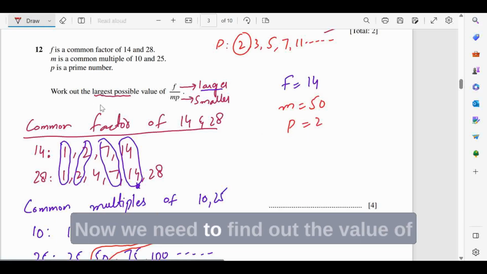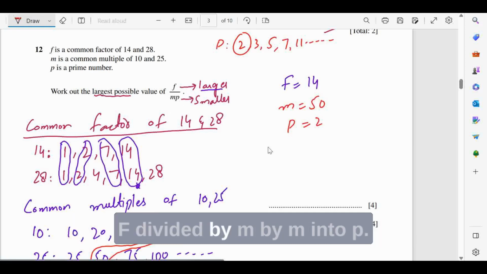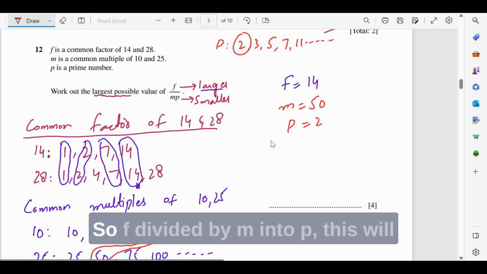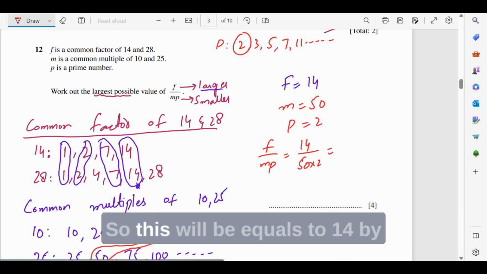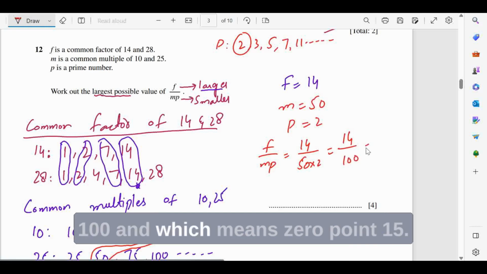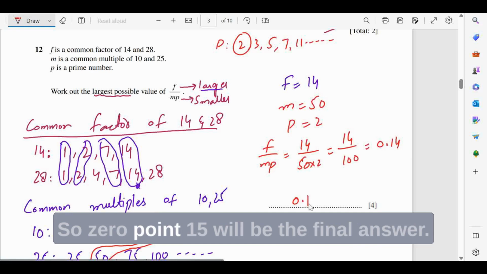Now we need to find the value of F divided by M into P. So this will be equal to 14 divided by 50 into 2, which is 14 by 100, which means 0.14. So 0.14 will be the final answer.